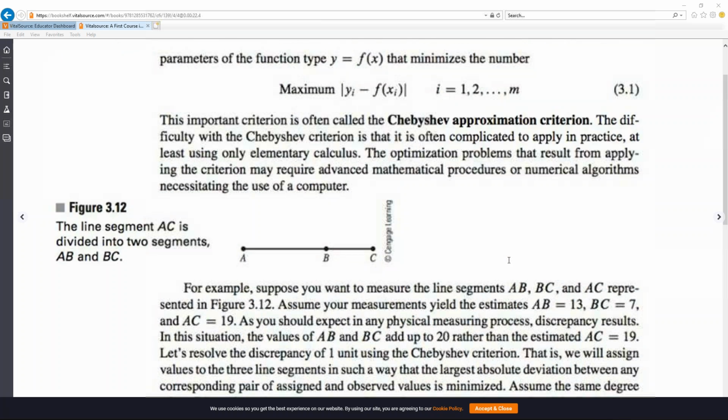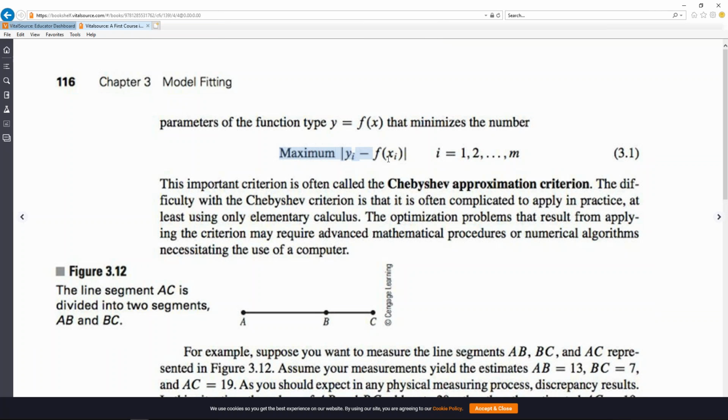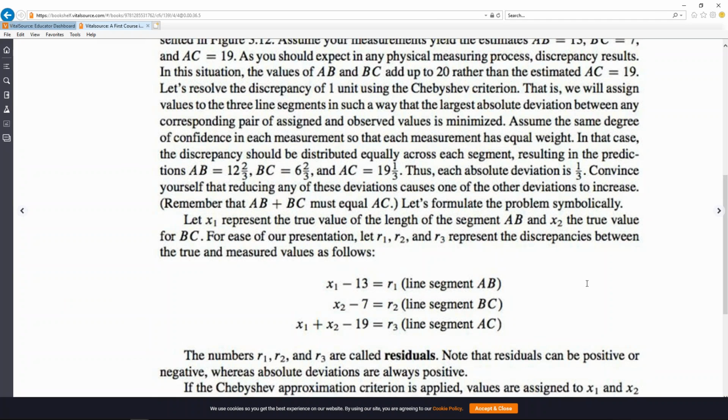Essentially we have this type of objective function, where we want to minimize the maximum of the actual value minus the measured value, right?